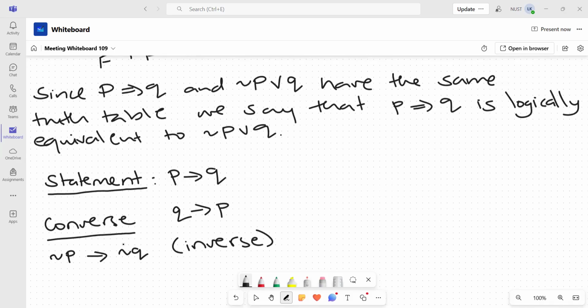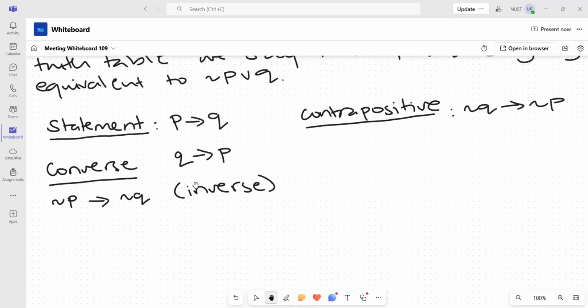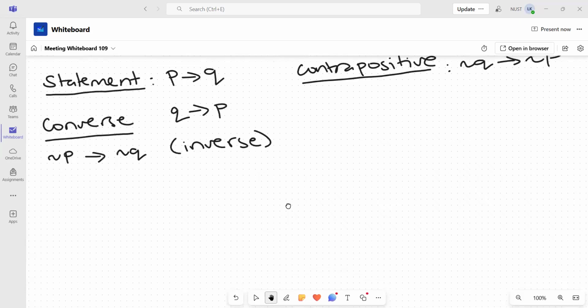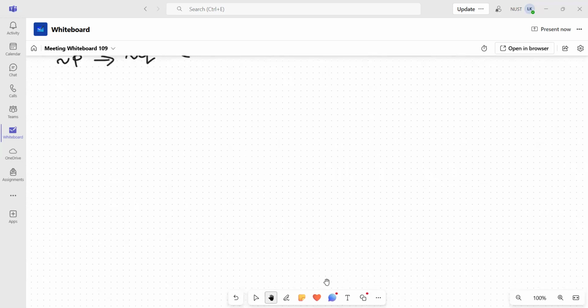And then we have another one, which is called the contrapositive. Now the contrapositive is not Q implies not P. Okay, so let's look at the truth table for all of these: P implies Q, Q implies P, not P implies not Q, and the contrapositive.